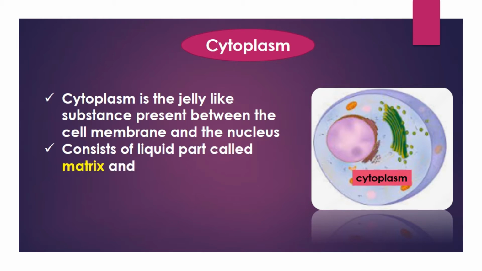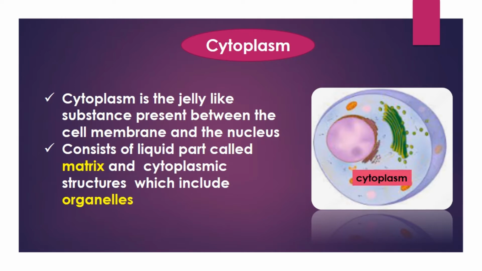Cytoplasm consists of a liquid part, which is known as matrix, and certain solid structures called cytoplasmic structures, which include organelles and cell inclusions.